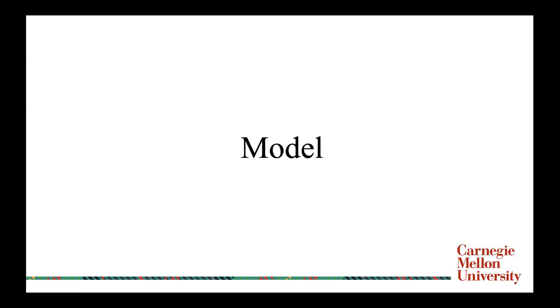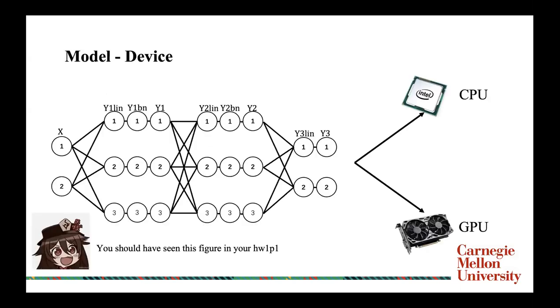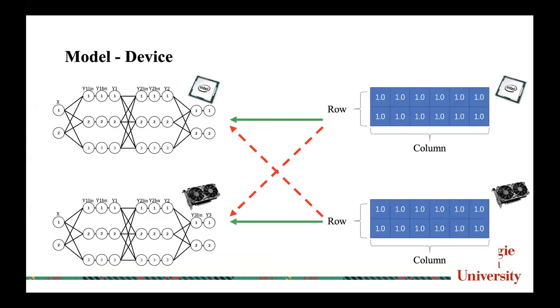And we'll talk about something about the model in PyTorch. Similar to the tensor, your model needs to be sent to a specific device before training. It can be either GPU or CPU. And one of the most commonly encountered errors is the model and data not being on the same device. For example, the model is on the GPU, while the data is on the CPU.